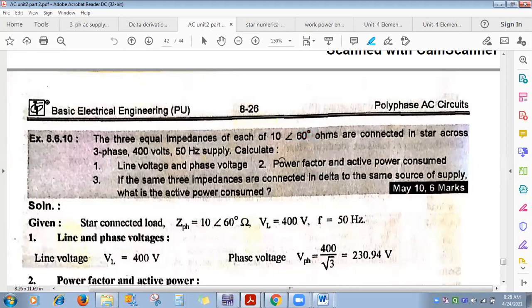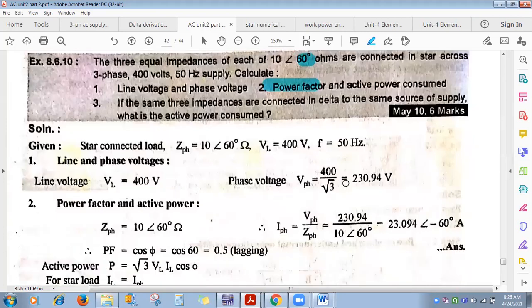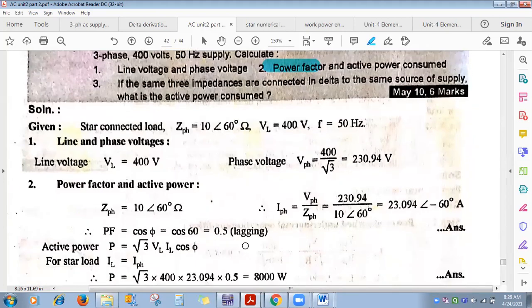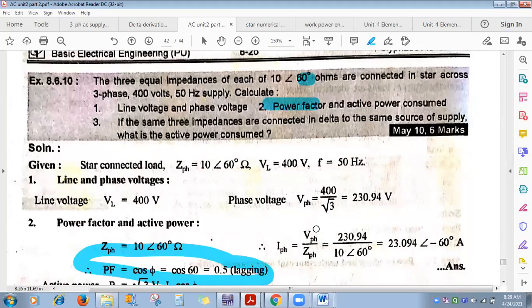Okay. So cos of 60 degree, that is how much? I think 0.8 it is. Sorry, 0.5. So power factor we got. Now here what is given? See, plus 60 degree. It's not minus, plus. So nature of power factor you will write lagging or leading? Lagging. Options given to you can be 0.5 lagging, 0.5 leading.